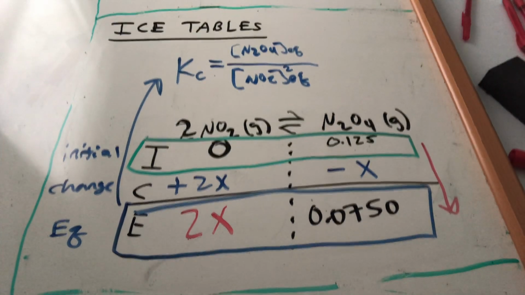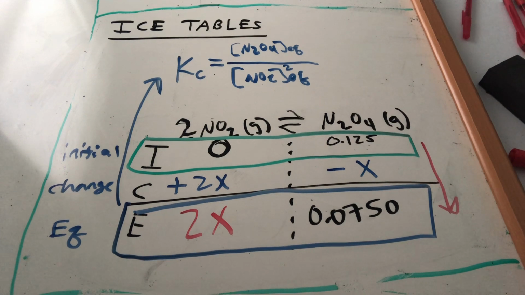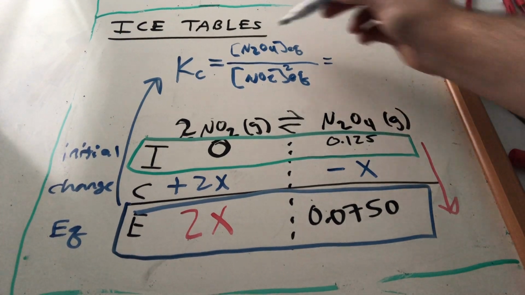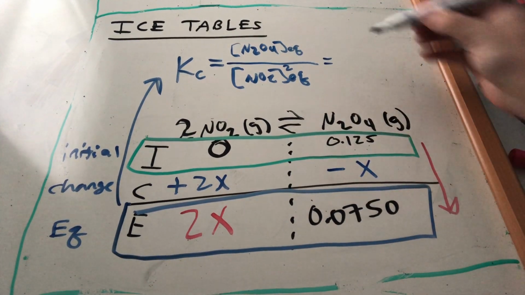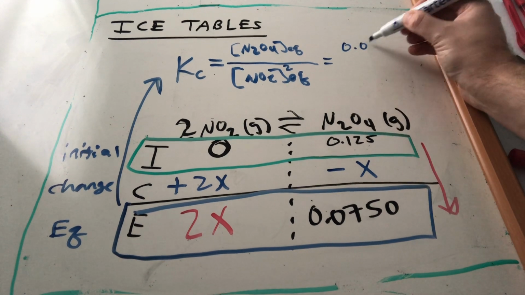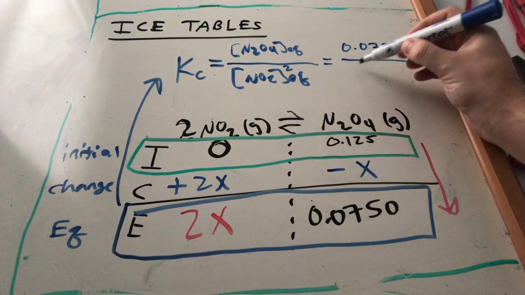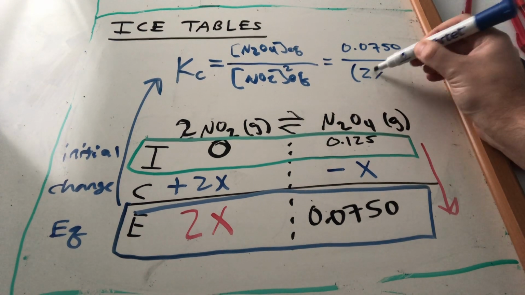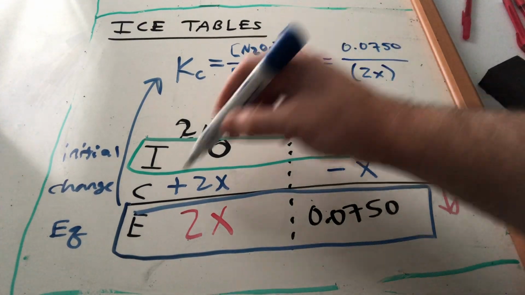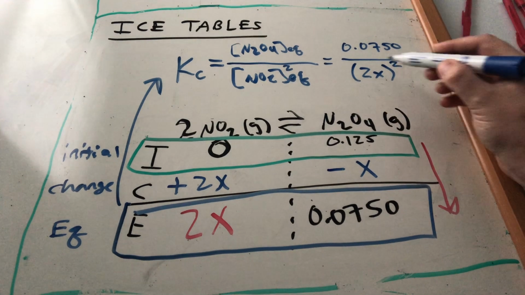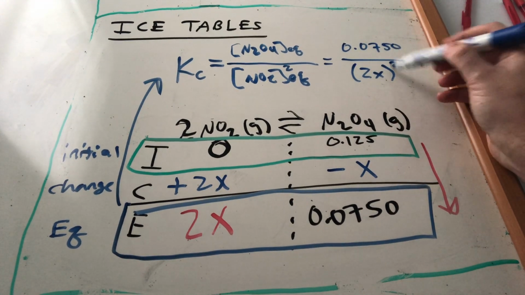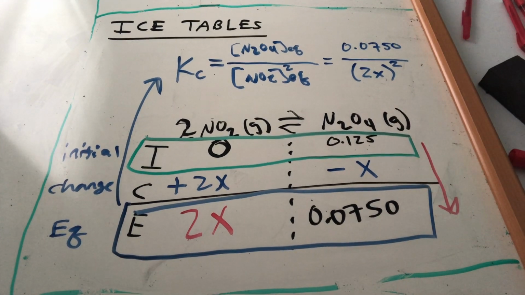My whole goal here is to calculate Kc for this problem. My N2O4 equilibrium is 0.0750. My NO2 equilibrium is the quantity 2x, whatever that equilibrium is here, you square it. It's not 2x squared, it's quantity 2x, squared.